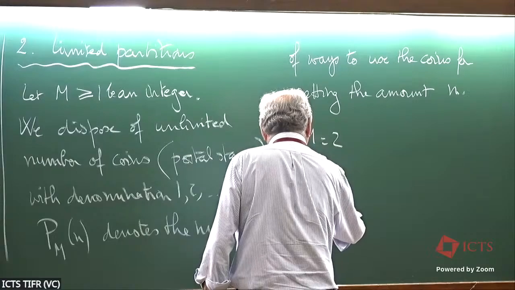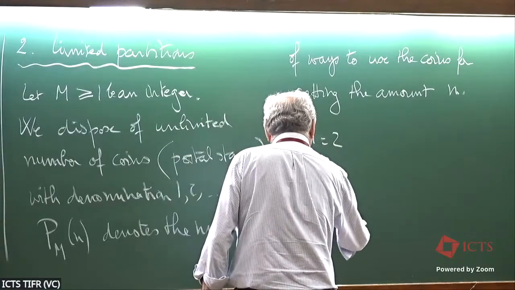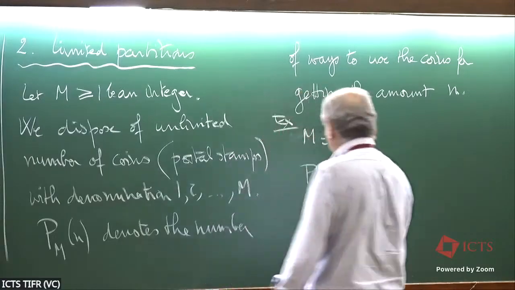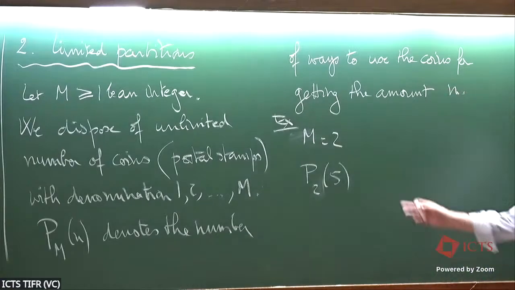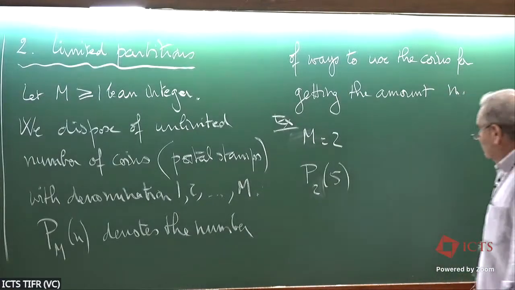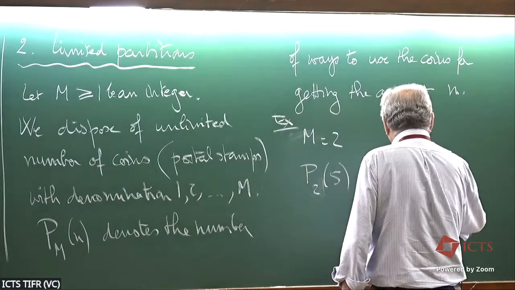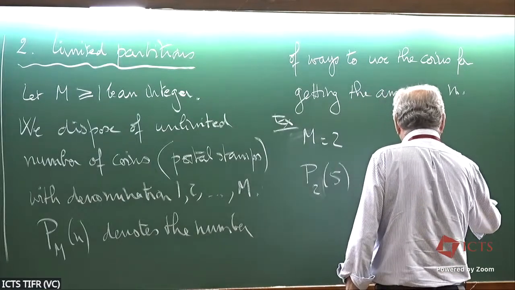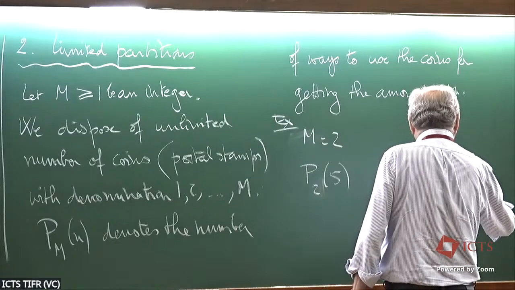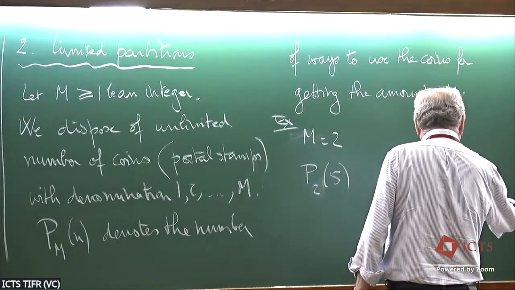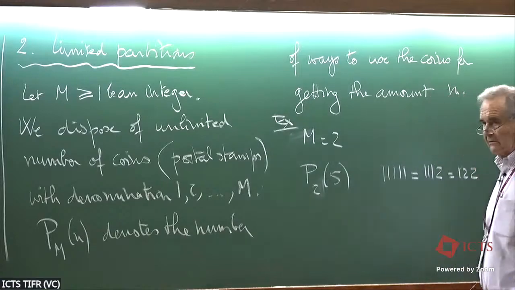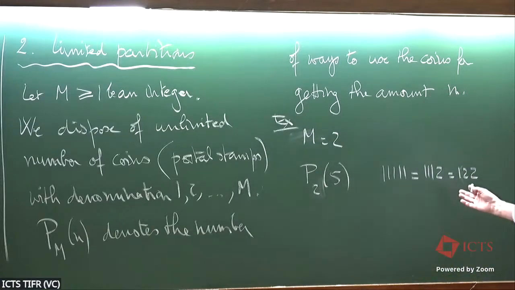So you try to see what you can do. Of course, you can do 5 times 1. You can do 3 times 1 plus 1 two. You can do 1 plus 2 plus 2, and that's it. That is to say that we consider the ways which are essentially distinct.